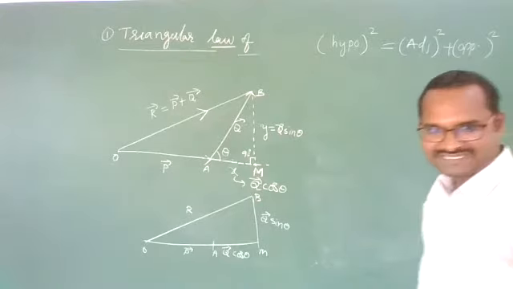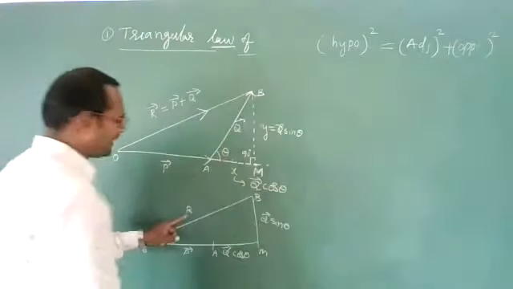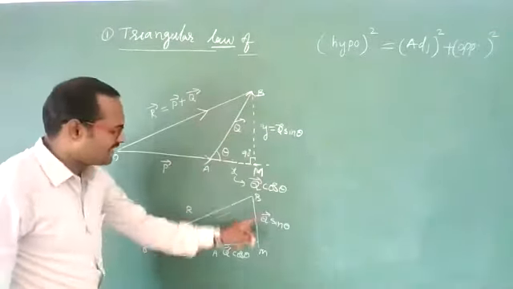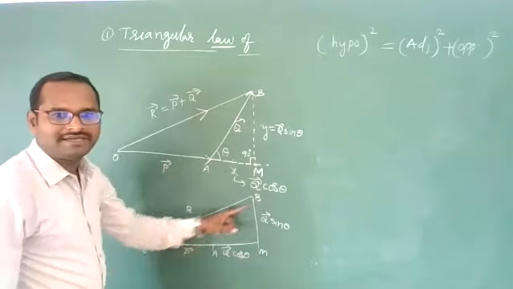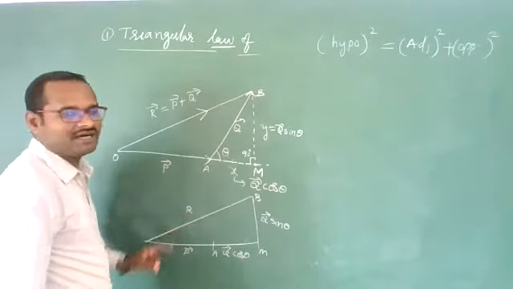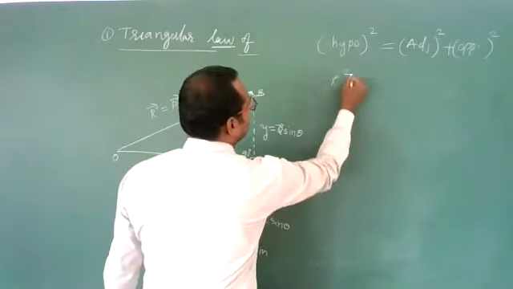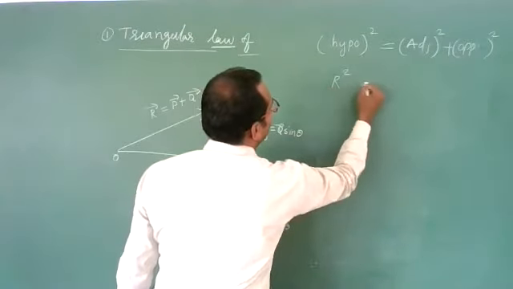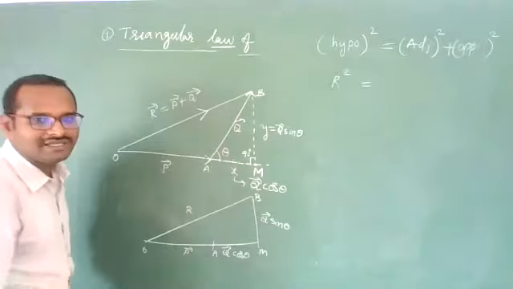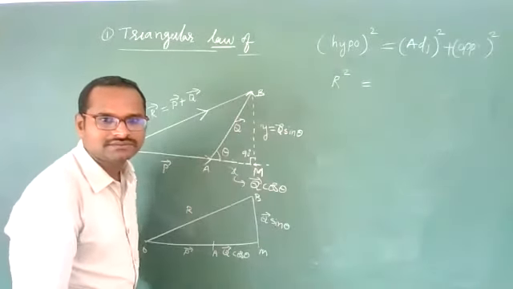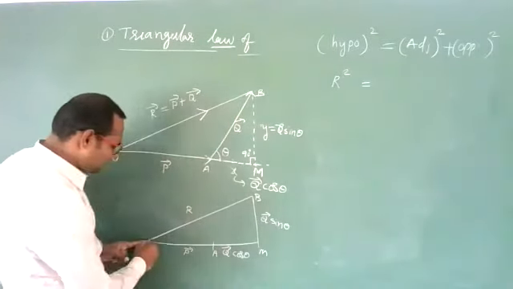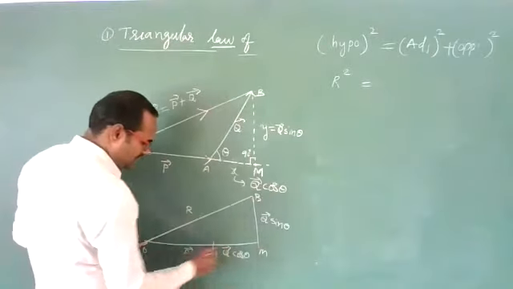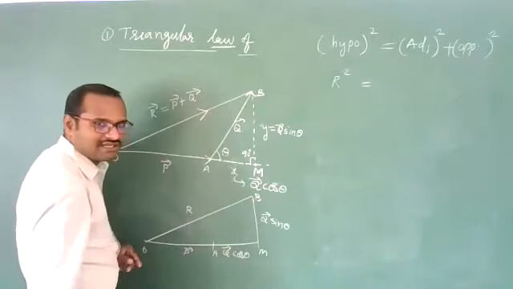Correct? Yes. Hypotenuse is R for this right angle triangle OMB. So R square is equal to adjacent side total length. Adjacent side total length is P plus Q cos theta.